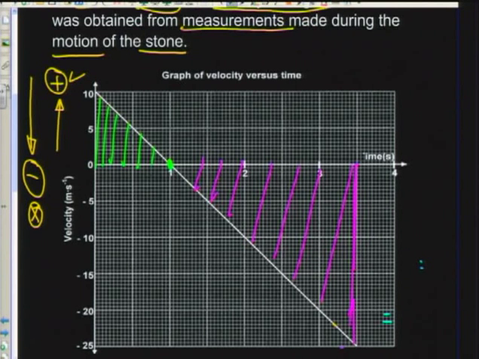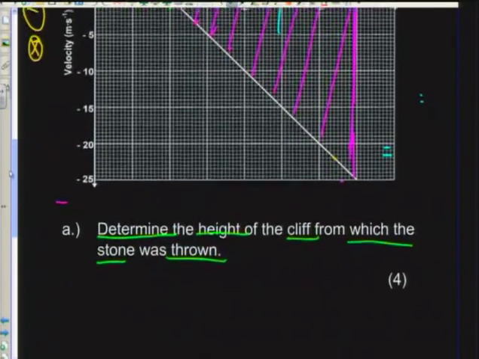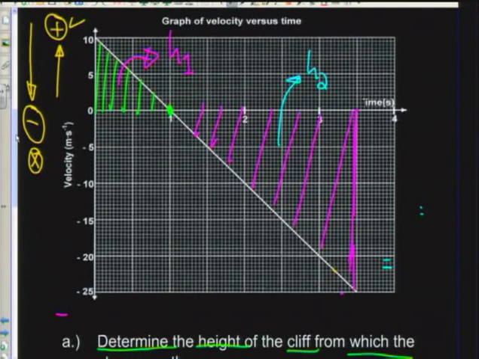All right. Now, the two areas: let me call this one here height 1, and let me call this one here height 2. And why do I call them heights? Because this stone was actually moving up and down. Now, if I want to know where the stone was thrown from at the top of the cliff, this whole area here is the whole area from the top of the cliff, or from where the stone turned.